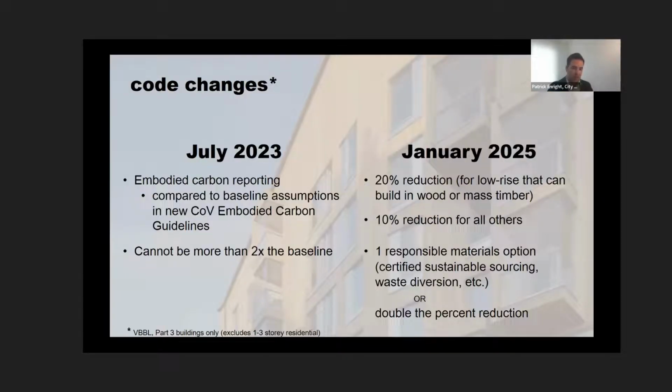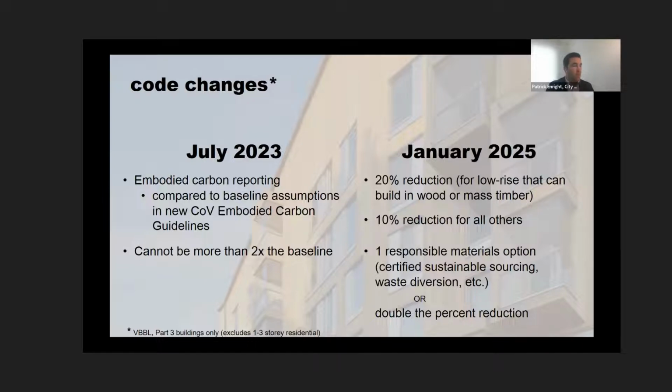Our first major step in achieving our 40% reduction target was in May of 2022, this last year. Council approved changes to the Vancouver building bylaw, our building code, for 2023 and 2025. In 2023, we will require embodied carbon reporting in all Part 3 buildings.